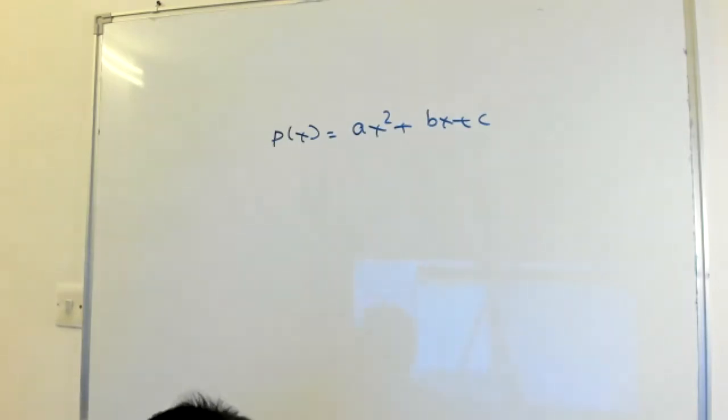Alpha and 1 by alpha. Could you repeat the question again? Find the condition that zeros of the polynomial p of x equal to ax square plus bx plus c are reciprocal of each other.